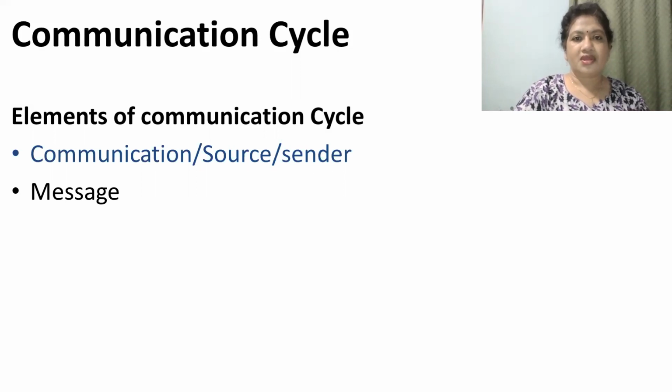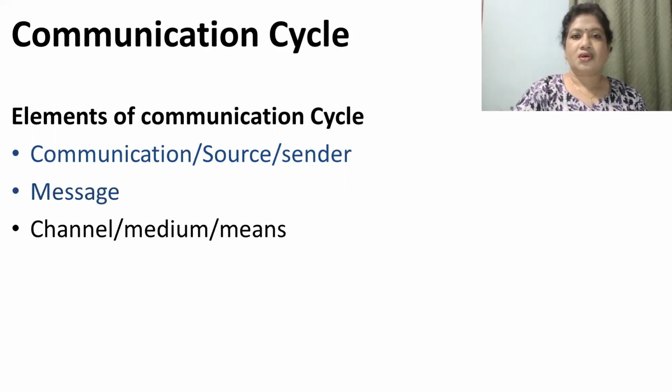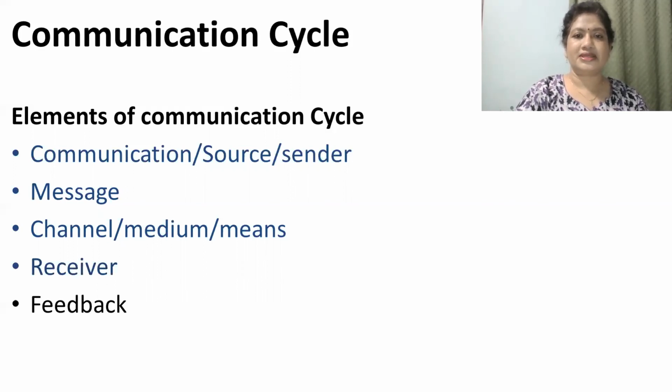Message, you convey the message, and then how do you convey the message? Through which medium? Through which channel? Through which means? And then you have a receiver. If there is a sender, then there is a receiver. With some medium or some channel, you are sending the message. After the receiver receives the message, he sends the feedback. That is the response to whatever you have asked or said.